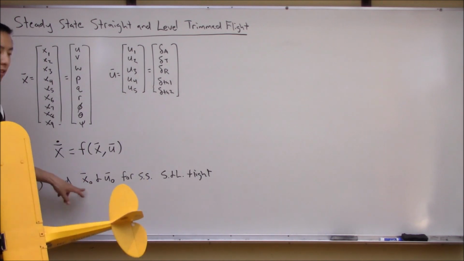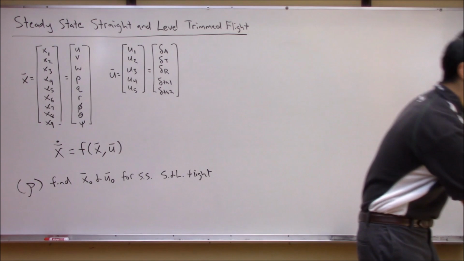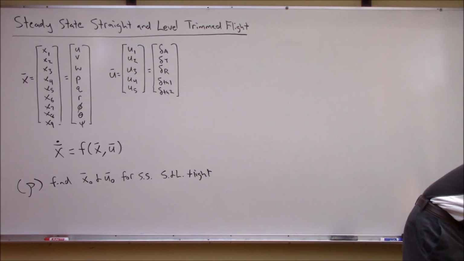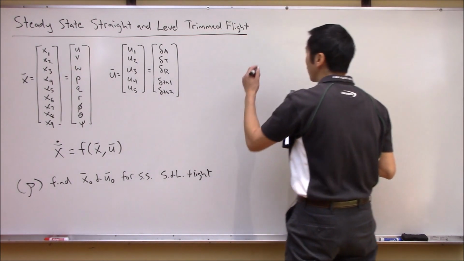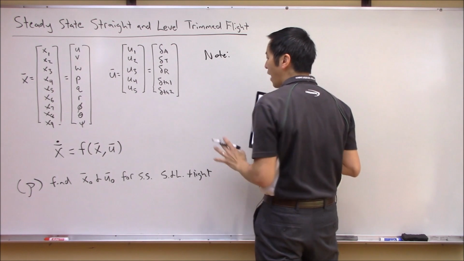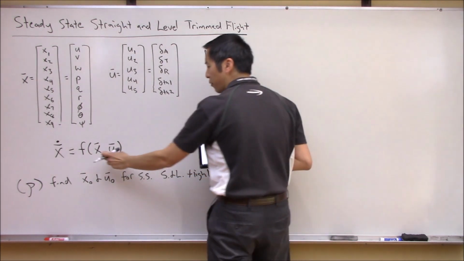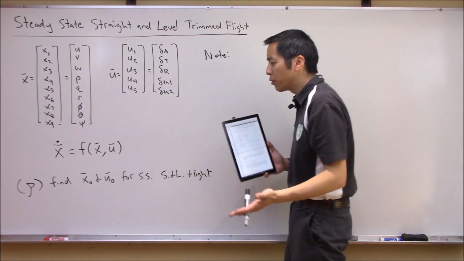I want to find the state and controls that are necessary in order to achieve that flight condition, okay? So one thing we should note here is that at this point, there's no real difference between a state and a control, right? They're both degrees of freedom, or variables we're trying to solve for.